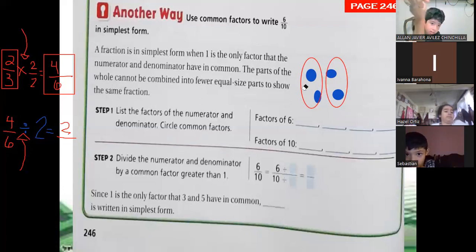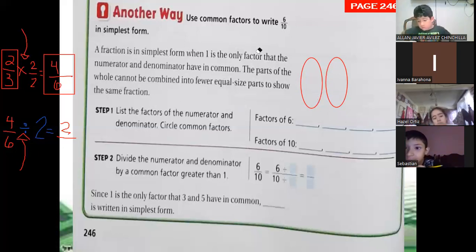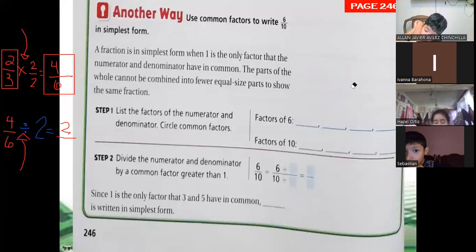The next one, 6 divided by 2. 6 items divided into 2 groups. Who is saying 2? One and 2. So how many do I have in total here? How many hearts? I have 4. I don't have 6.